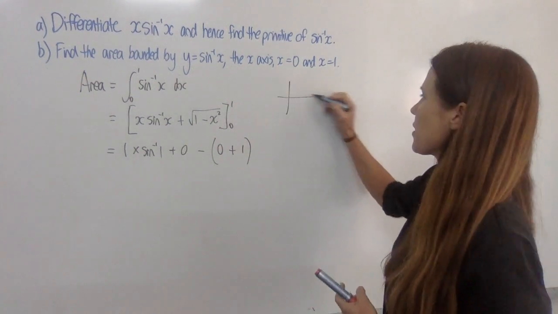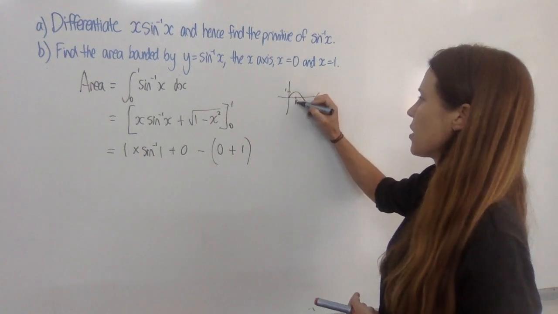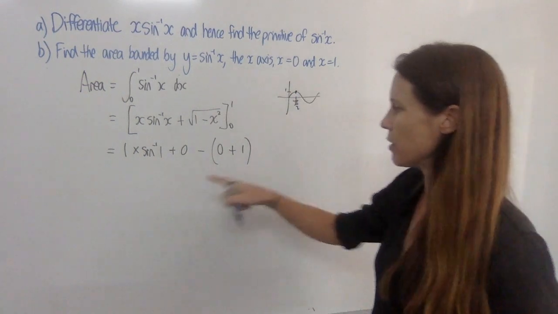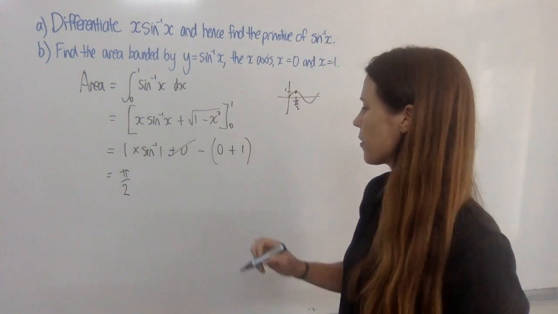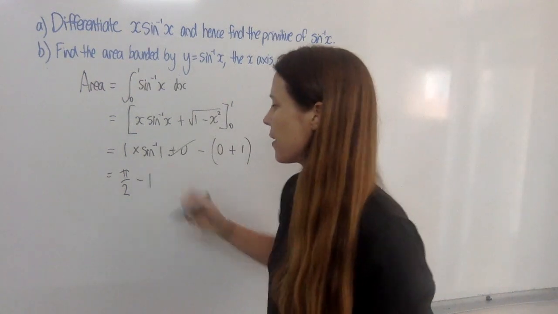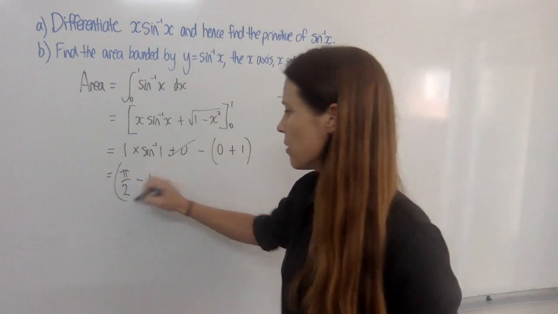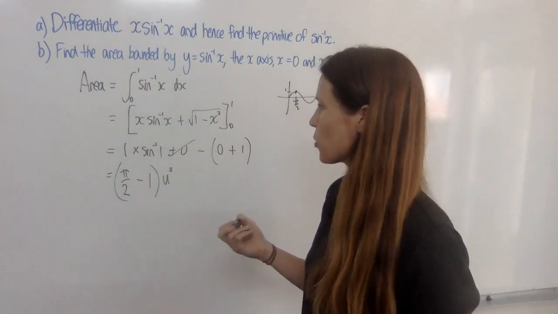To do that, I just think about the sine curve. I know that the sine of pi on 2 gives me 1. So here I've got one lot of pi on 2, plus 0, I can get rid of that. And here I have minus 1. Careful not to make a classic sign error. So I've got pi on 2 minus 1, units squared, which you can write units squared or just u squared, either way.